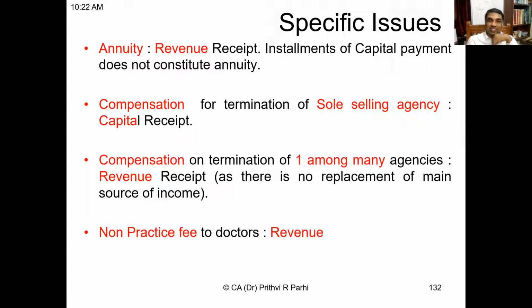His agency is terminated. What is your answer? For any kind of compensation on termination, I guess it is capital. Yes, in this case it is capital, but it is not that any kind of compensation is capital.